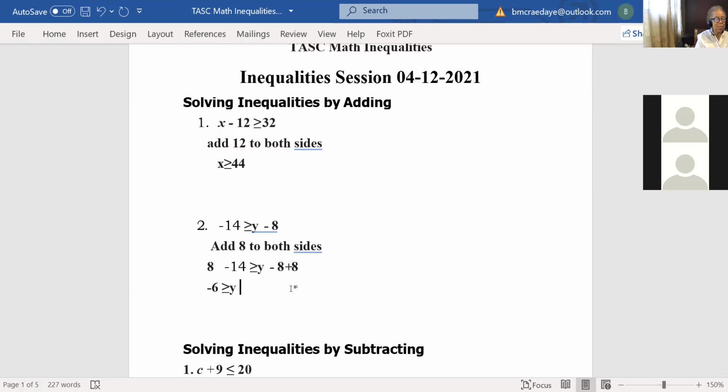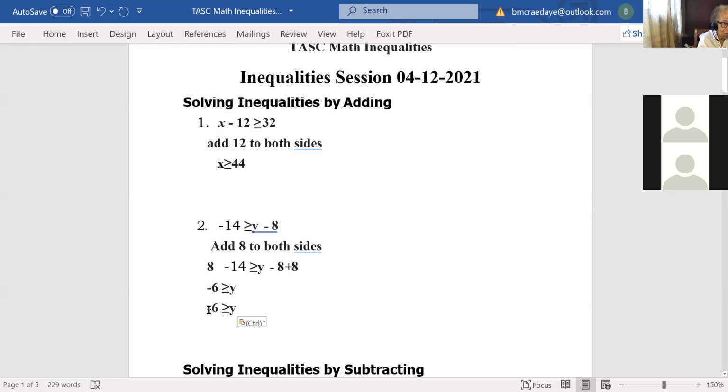So minus 6 greater than or equal to y. If you reverse this, it will be y less than or equal to minus 6. You can leave it like this, or you can write it like this. Both would be correct. Let's just reverse our inequality.